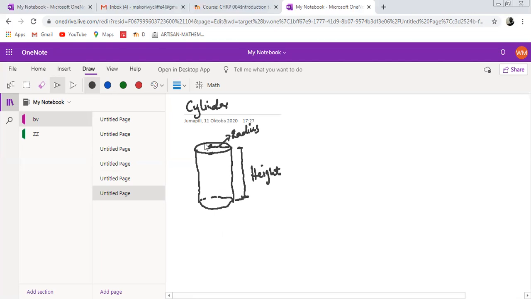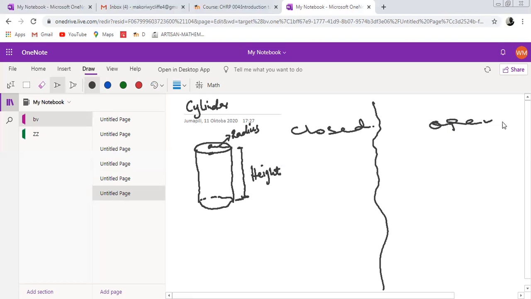Note, the base and the top are similar, so the two circles are the same in size. The surface area of a cylinder falls into two categories, because we can have a closed cylinder and an open cylinder.